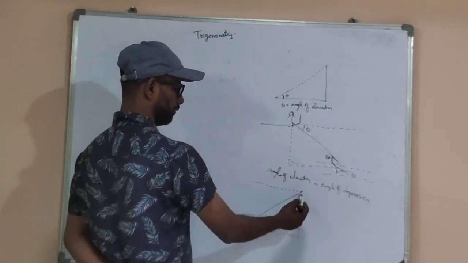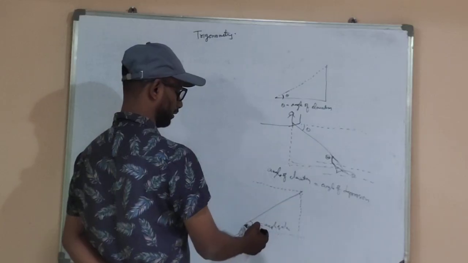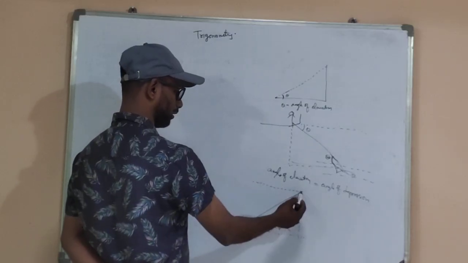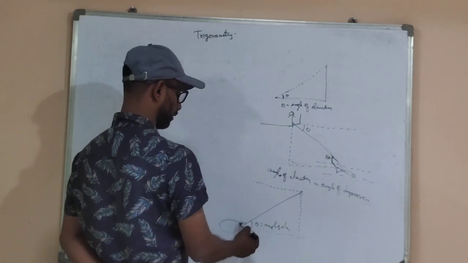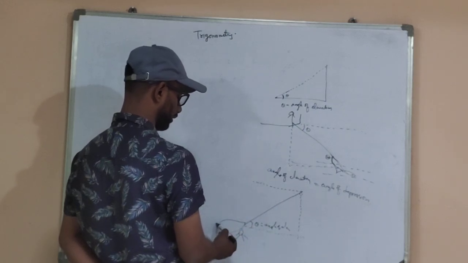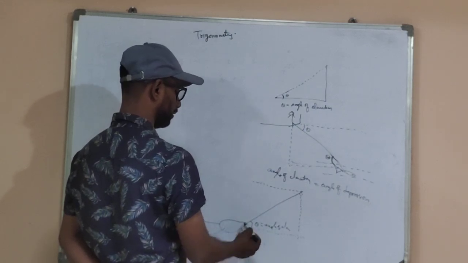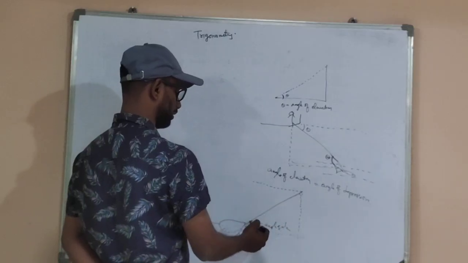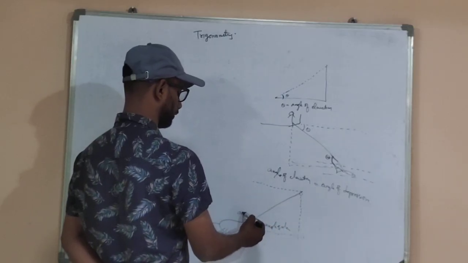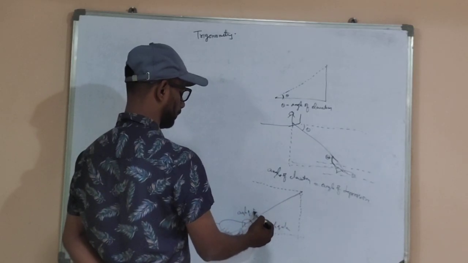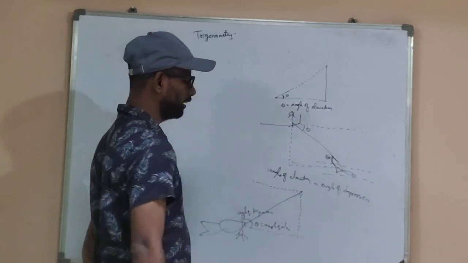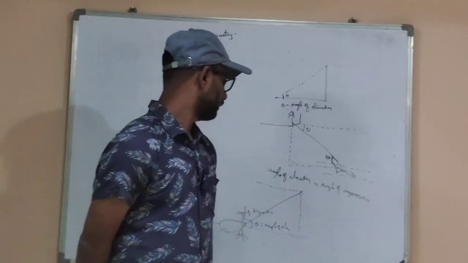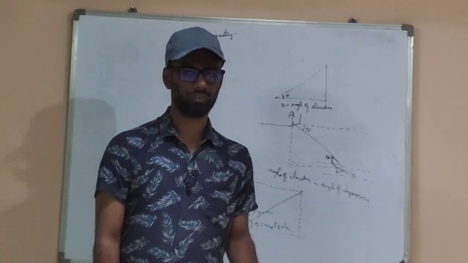When the same person observes an object below from the top of the building, like a fish in a river, it is called the angle of depression, beta. So theta is equal to beta. Angle of elevation is equal to angle of depression.